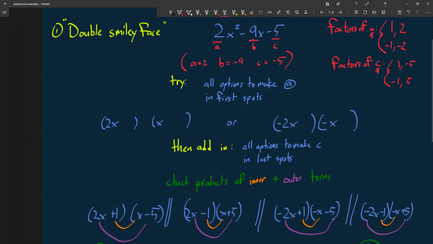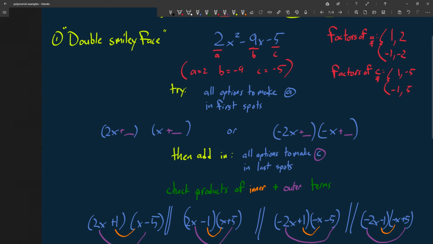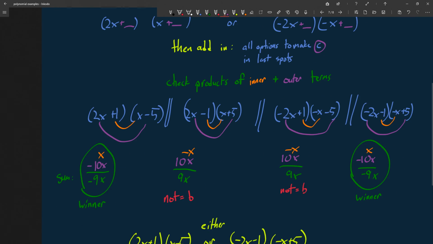You can try those options out, but you're going to need something to put in the other spot. So what goes in the other spot? Well, that's your factors that make up c. So c here is negative 5, which we could get with 1 times negative 5, or negative 1 times 5. So you're going to have some options.